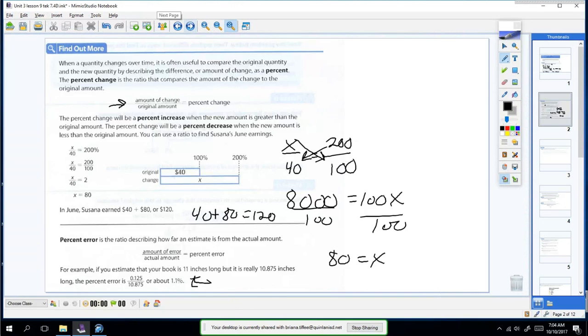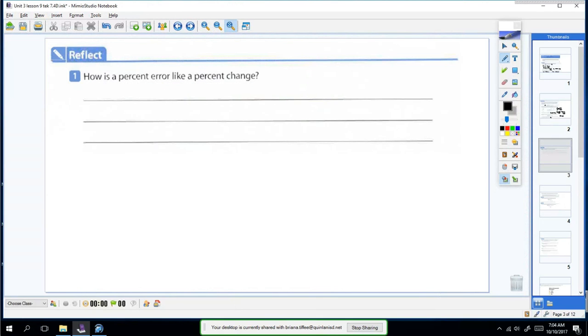All right, the reflect page. How is a percent error like a percent change? Well, in the percent error, the numerator is the difference between the two quantities, and the denominator is the original or actual amount.